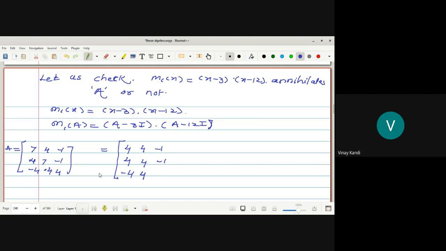Into now A minus 12I: diagonal 7 minus 12 is minus 5, minus 1, minus 1, 4, 4, minus 4, 4, 4 minus 12.